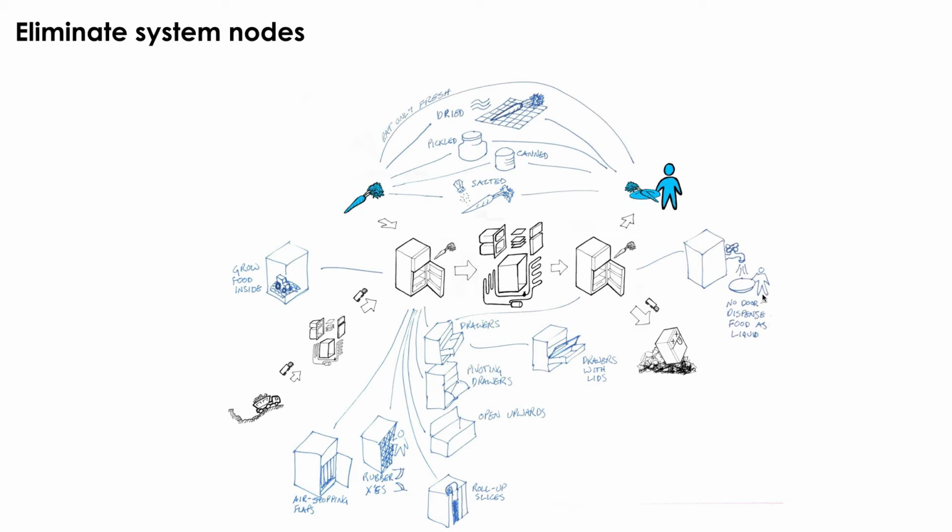And having the fridge dispense food as a liquid through a faucet, that eliminates a bunch of components, the door and the hinges and some of the shelves, etc. And then these ideas up here, salting food, canning food, drying food, they actually eliminate all of the hardware of the fridge. So you can see that the more radical the idea is, the more of your system it eliminates.